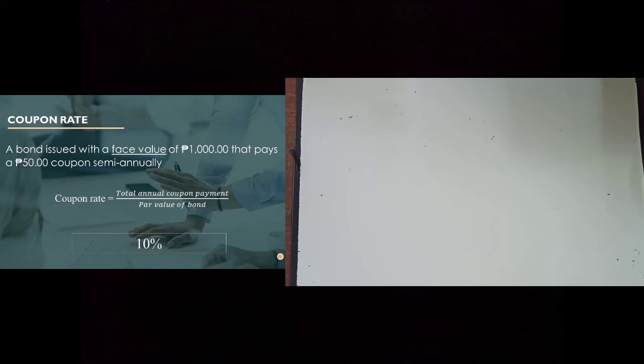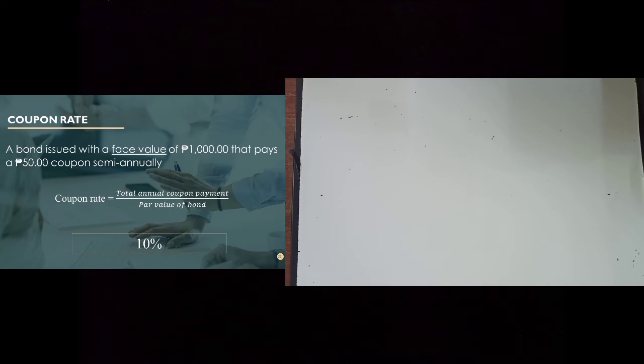So, okay, again, ano ba pag sinabi natin coupon rate? Coupon rate, this is the interest rate. So, for example, binili ko yung bond sa halagang 100,000 pesos. Then, nakakatanggap ako ng coupon payment ng 5,000. So, yung coupon rate, ilang percent nung principal or ilang percent nung pinautang ko yung natatanggap kong coupon payment.